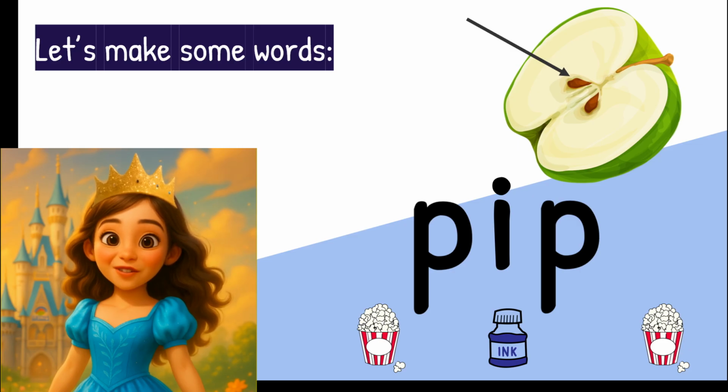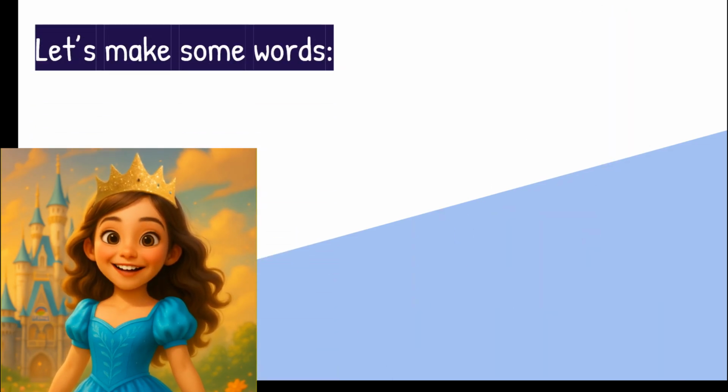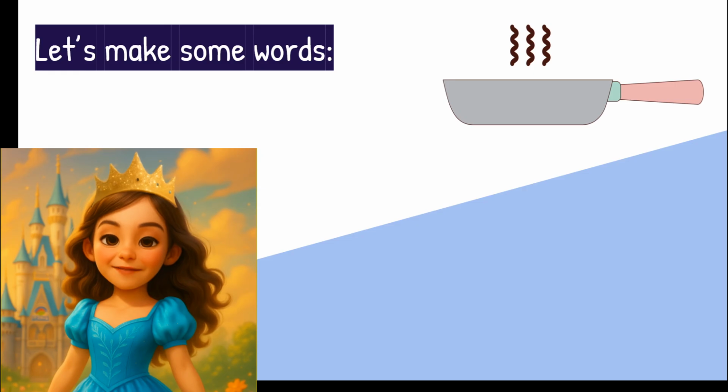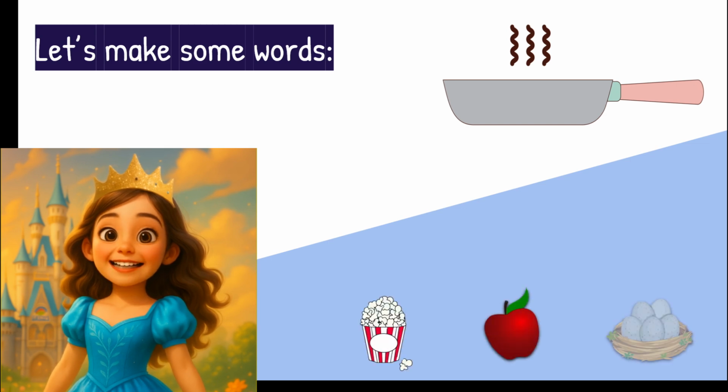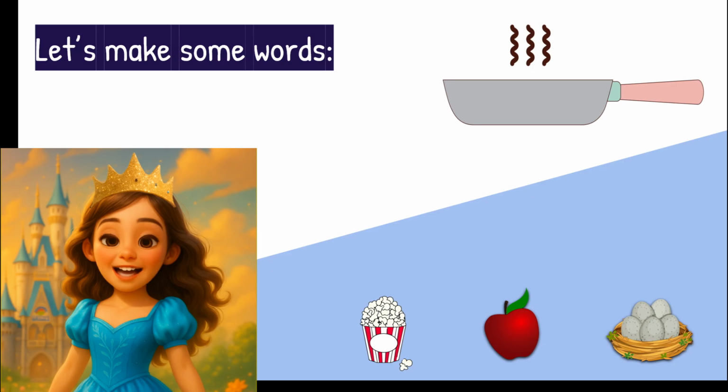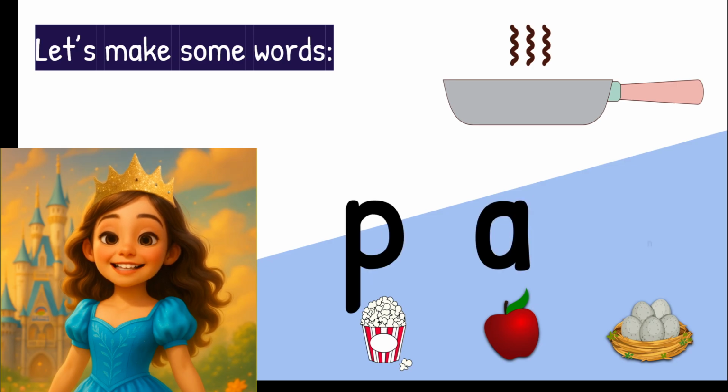You ready to learn 3? You can read 3 words at least. Pip. Very good. Let's make some more. I'm liking it. Are you liking it? Imagine how many others you can do. That's a pan. A pan. How many sounds are you hearing? 3. Very good. P, a, n.